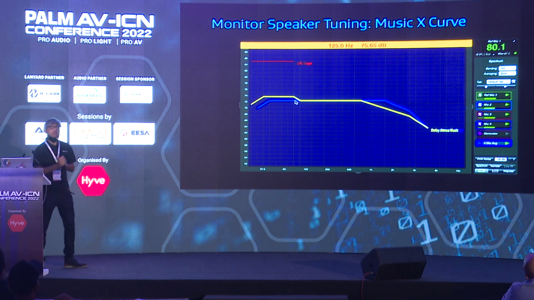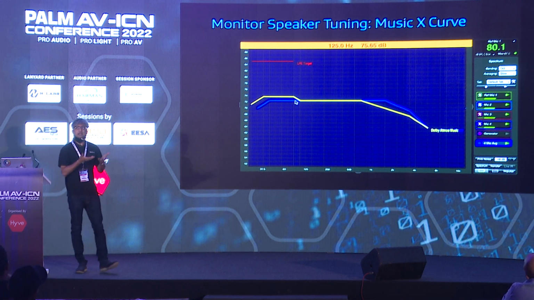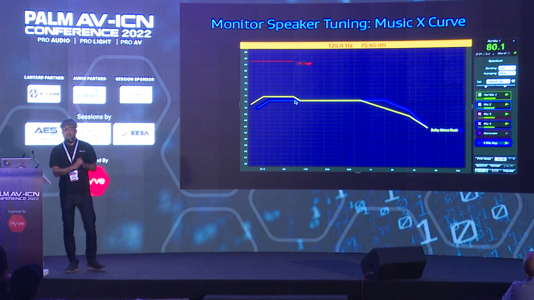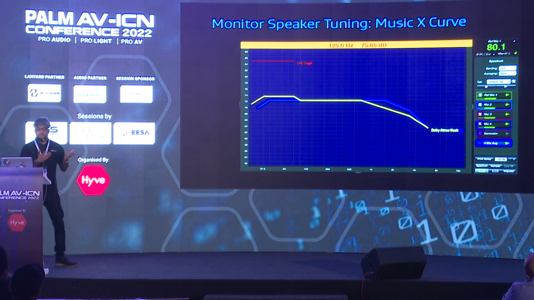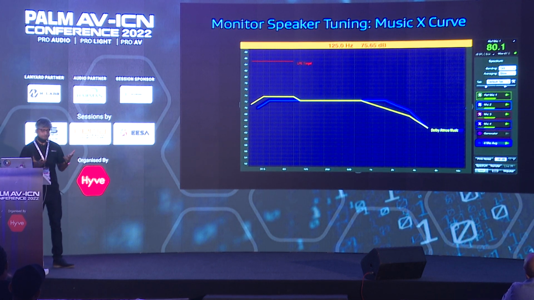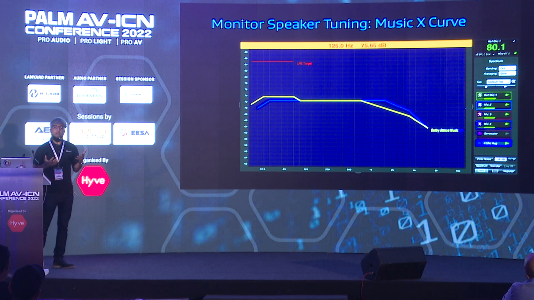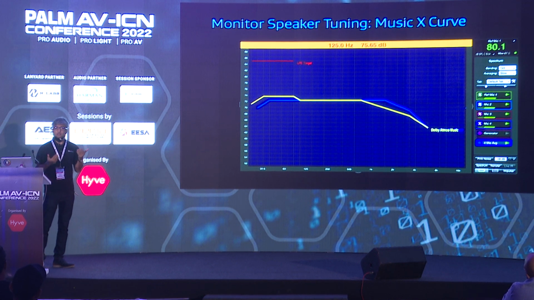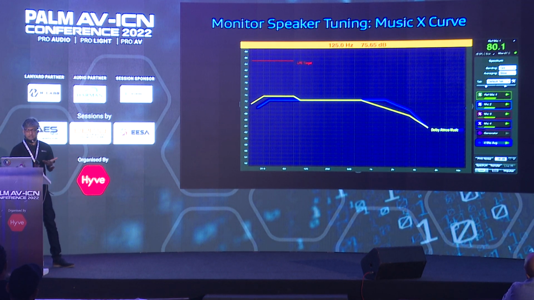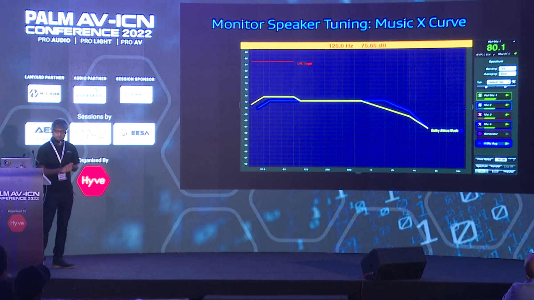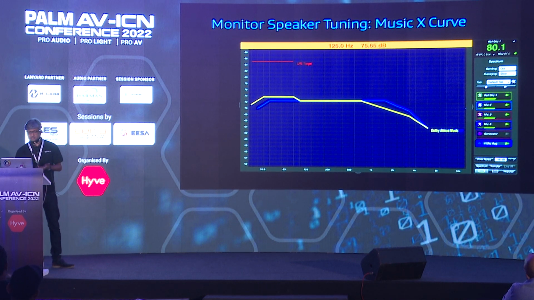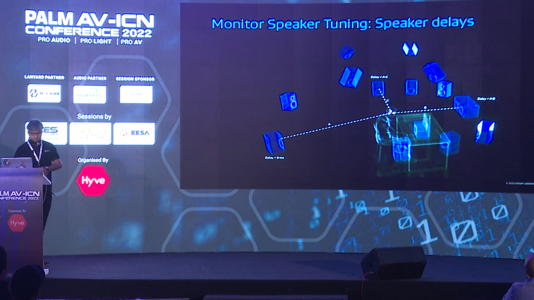And then at the extreme low end, a little emphasis is given, because with music, you would want to hear a more full-bodied sound, with a little more thump in the LF. That's how people love to listen to music. And this is again a general preference. So these are the target curves that we look at.